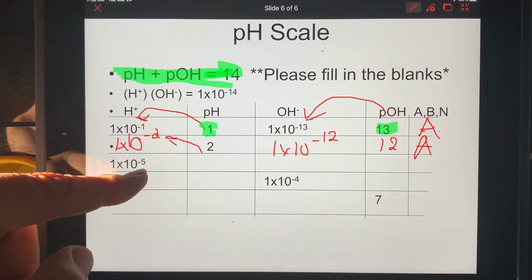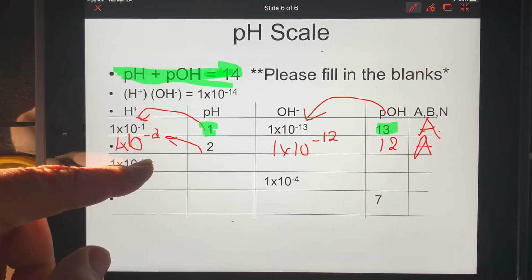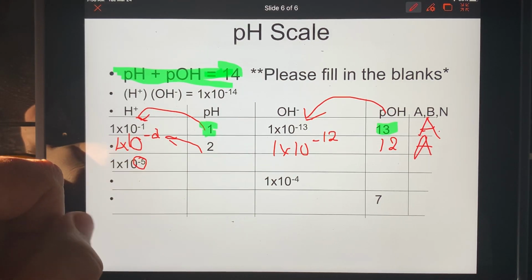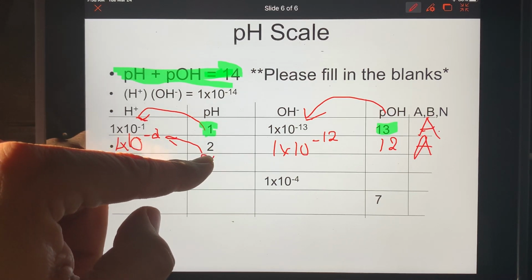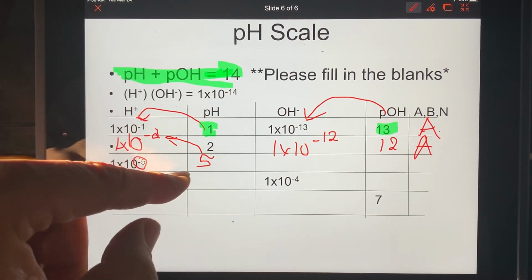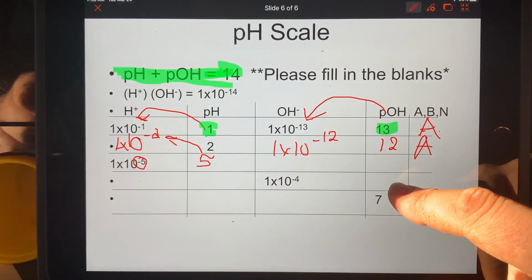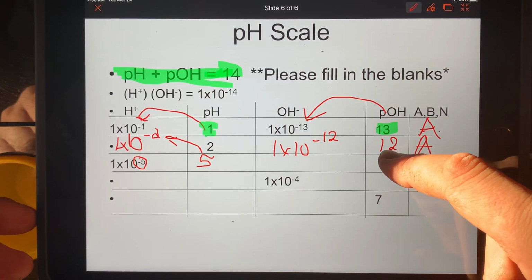Let's do another one here. This is 1 times 10 to the negative 5, my H plus. So if this is negative 5, what is my pH going to be? That's right, 5. 5 plus what equals 14? 5 plus 9.